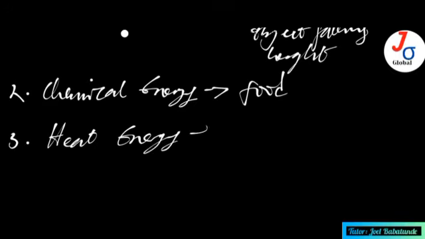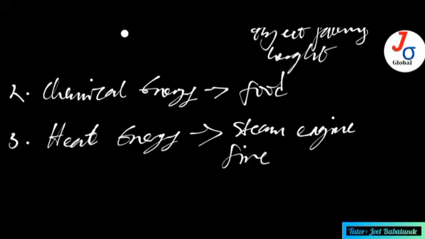This is a kind of energy that comes from, for example, a steam engine, or from fire, or from a pressing iron, or maybe a boiling ring. So these are forms of heat energy.